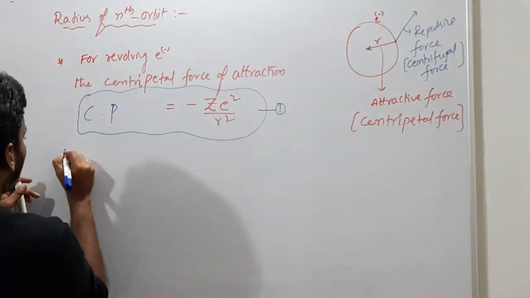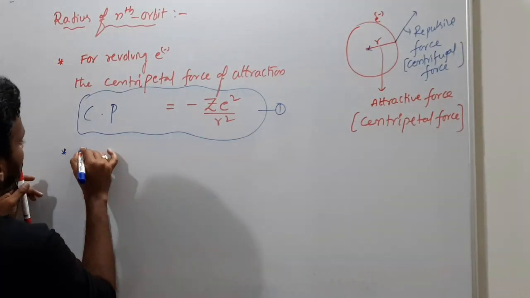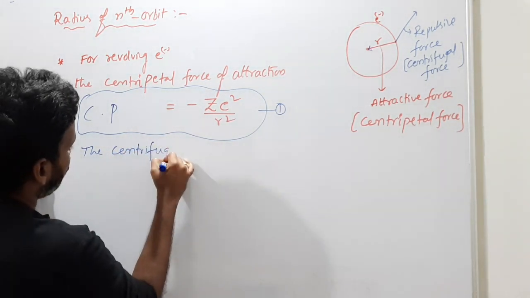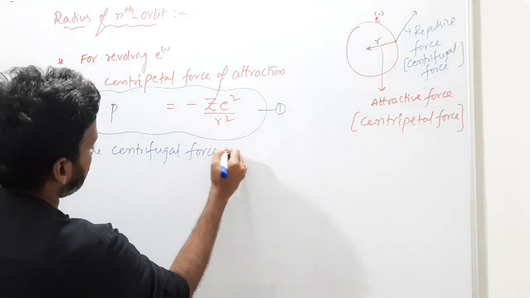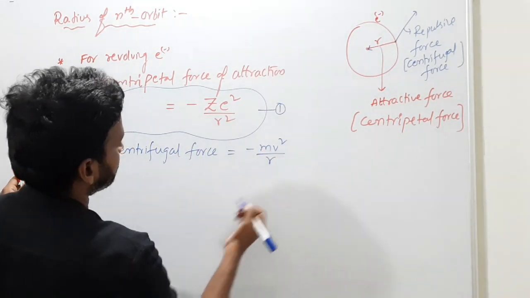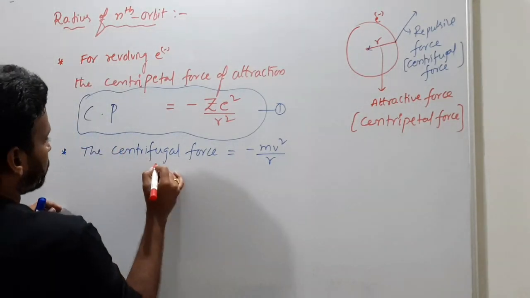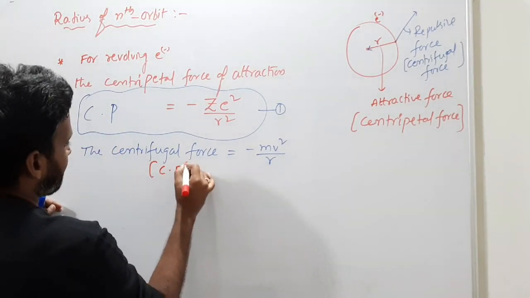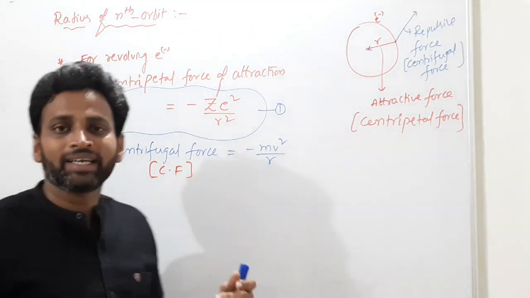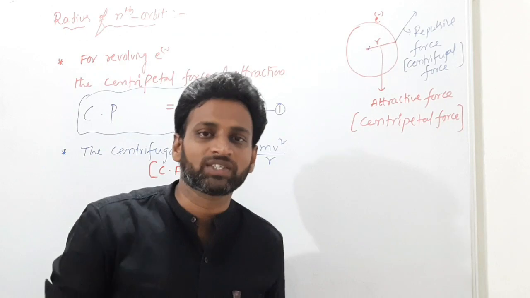Got it? At the same time, for a revolving electron, the centrifugal force of repulsion is minus mv square by r, so CF, centrifugal, minus mv square by r. Like kinetic energy, how you remember kinetic energy of mv square?